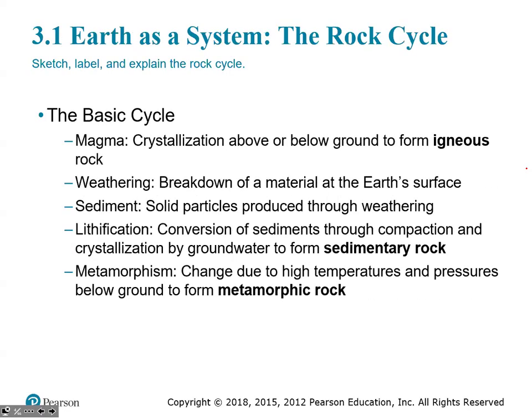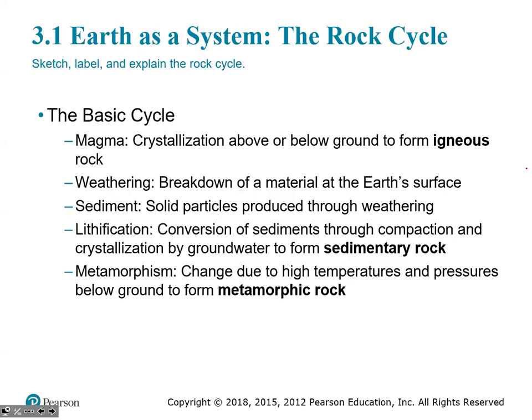So Earth is a big system. We can think about this as a cycle by which rocks are formed, change, and are destroyed. The basic cycle starts with magma, molten rock.